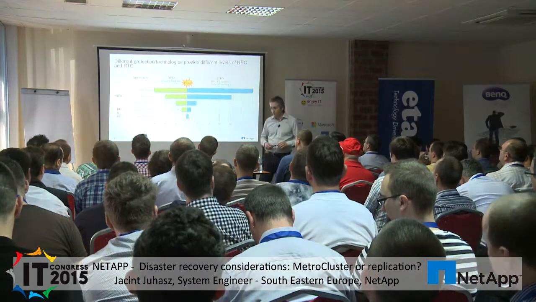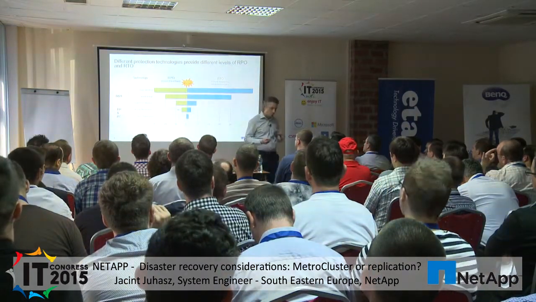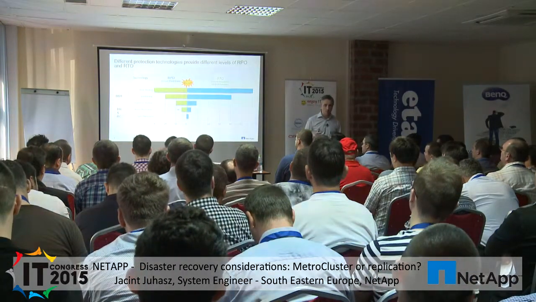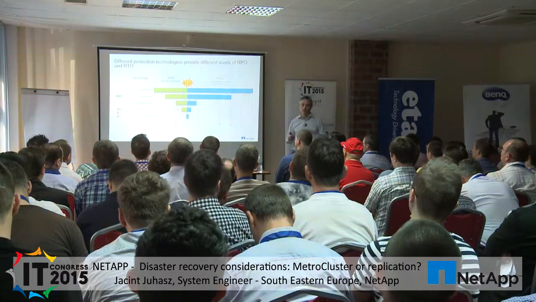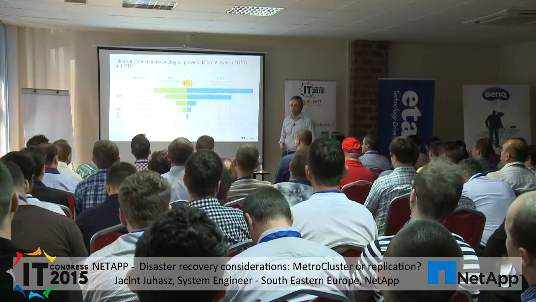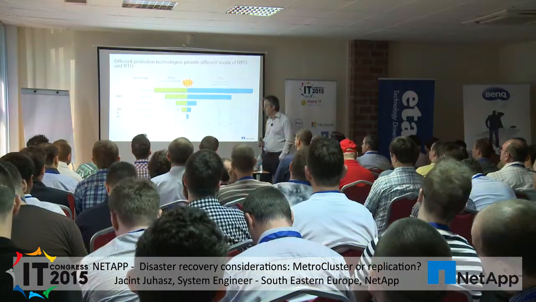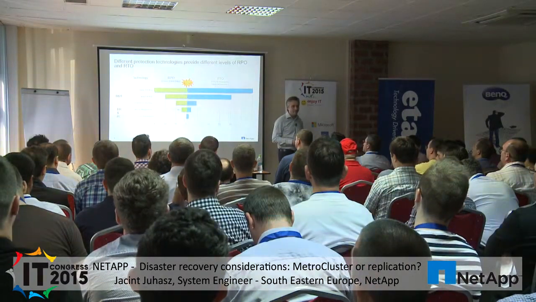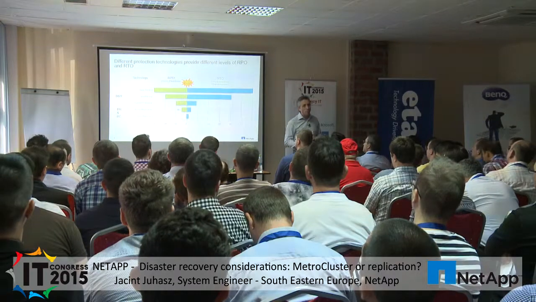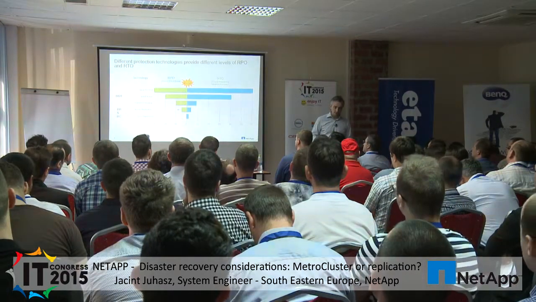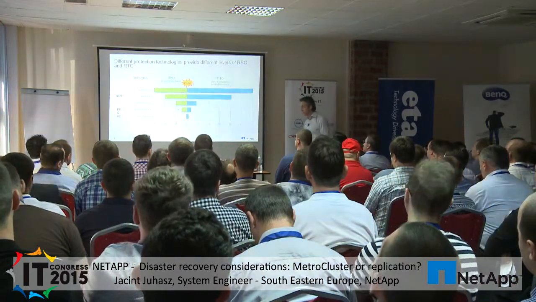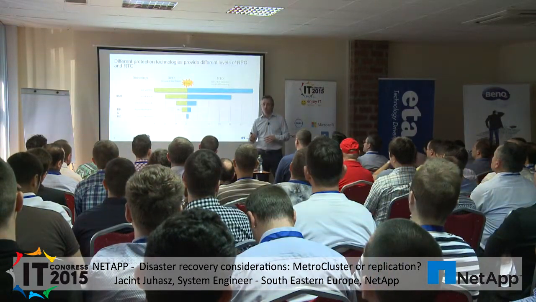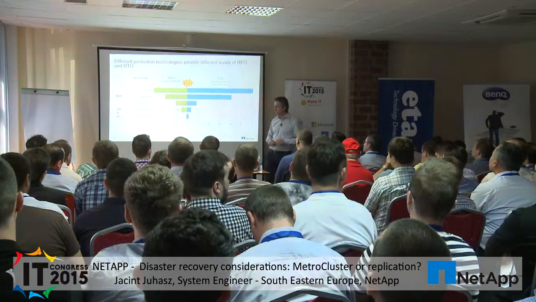Obviously, if you have multiple types of configurations, they give you multiple types of benefits. If you have a two-site setup, or more than one site, because we are not limited to 2 sites, you have multiple types of technologies you can use to configure your environment in a way that avoids disasters.